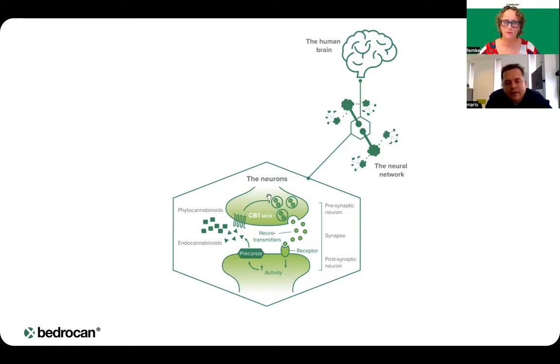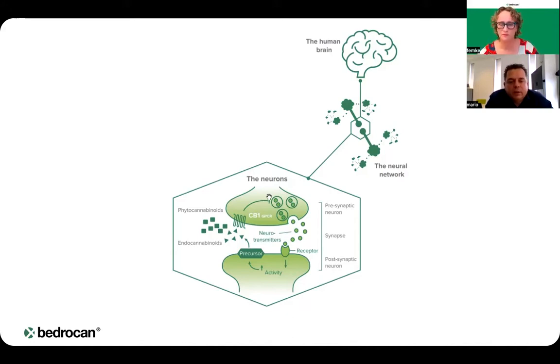Now the effect of this CB1 receptor is actually to modulate this communication between the two nerve cells. The CB1 receptor is mainly found, as we call it, at the presynaptic site. It's found on the sending nerve cell. So when the receiving cell is being activated by these neurotransmitters, it starts to produce endocannabinoids.